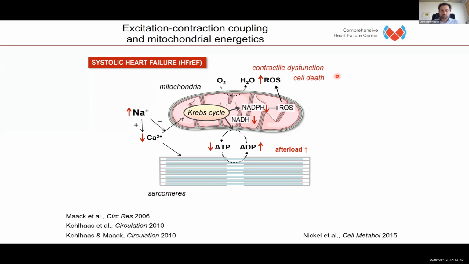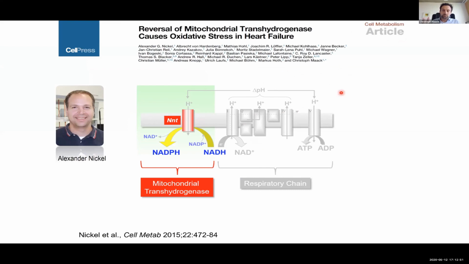And one of the last stones in this story was that we looked closer at the role of the mitochondrial transhydrogenase, which is an enzyme that sits in the inner mitochondrial membrane. And here you see what I described to you before.